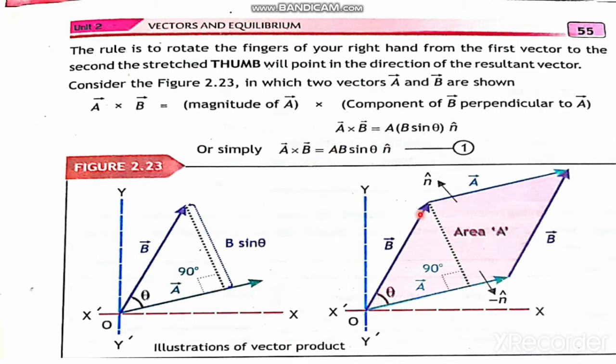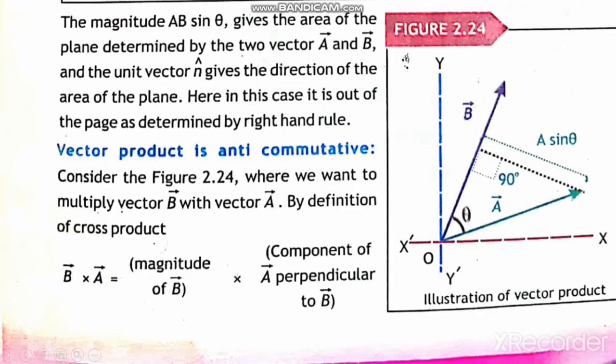If we stretch this vector like this, a parallelogram is formed like this. The magnitude AB sin theta gives the area of the plane determined by two vectors A and B, and the unit vector n gives the direction of the area of the plane. Here in this case it is out of the page as determined by the right hand rule.